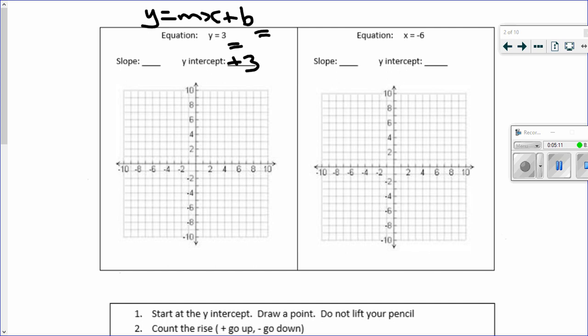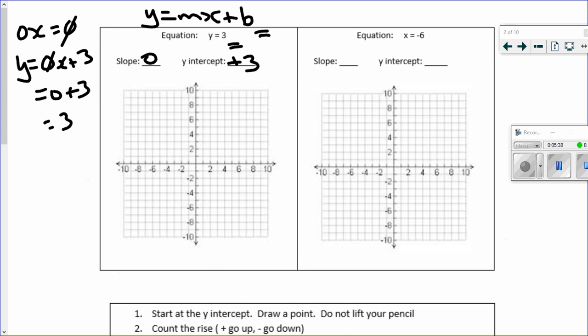Well, there's no x, so my m value has to be 0. Because 0x equals 0. And really this equation would be 0x plus 3. Except why would we write that? We never write 0 plus 3. We just simply say it's 3.